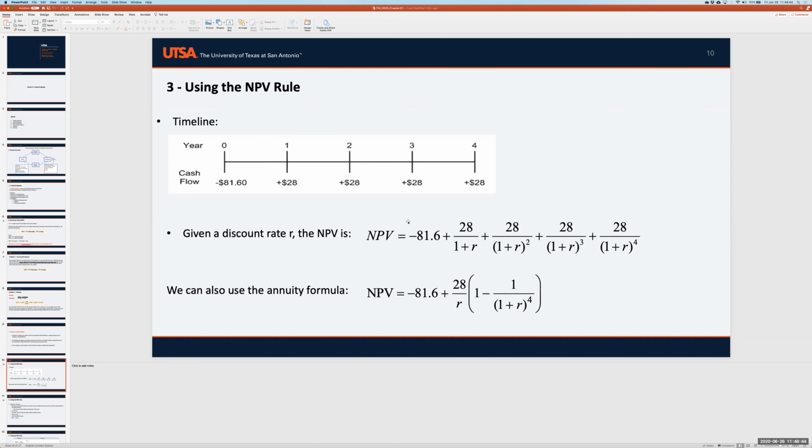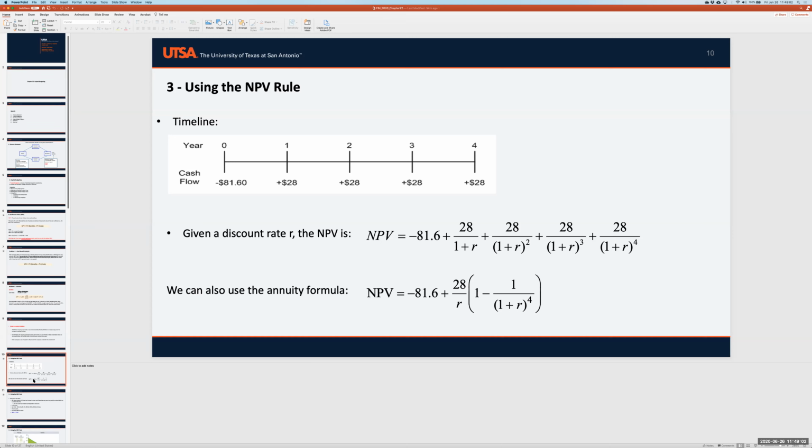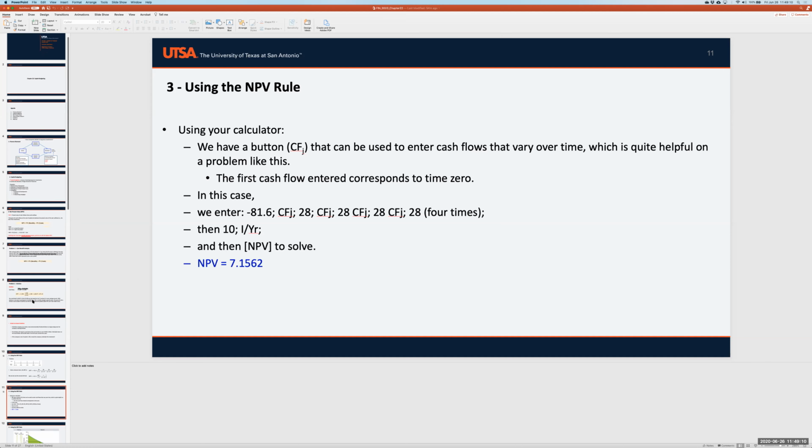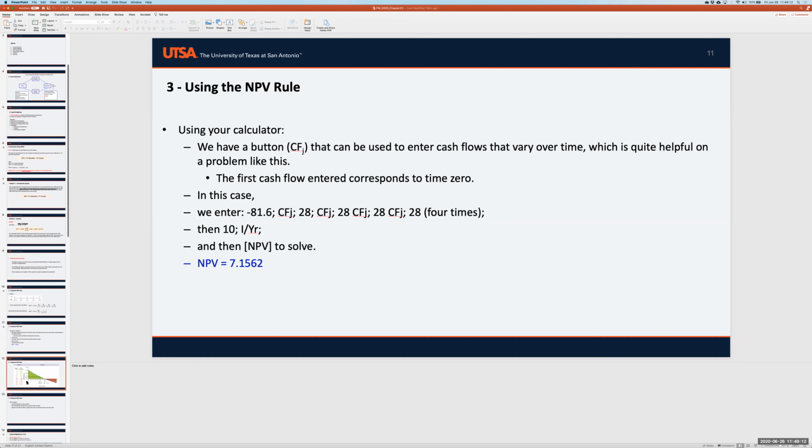This is the time 0 outflow, negative sign, and this is the inflow at time 1, time 2, time 3, time 4. We discount cash flows for the first, second, third, and fourth year, and you will find the net present value, which is 7.15 million, and it's positive, so accept the project.